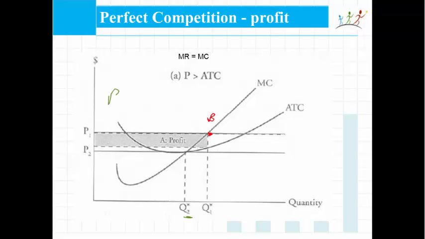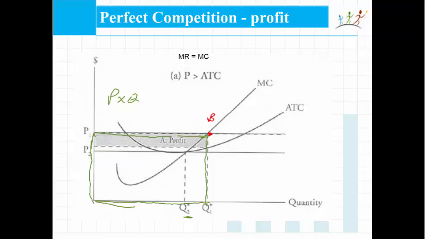Revenue is again equal to the price multiplied by the quantity. So the price is P1 multiplied by quantity, which is Q1. So price into quantity will simply be the area under the green rectangle.